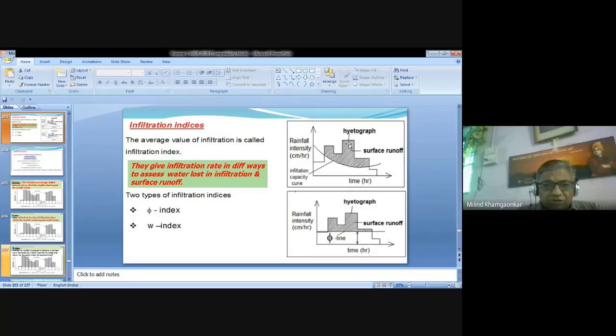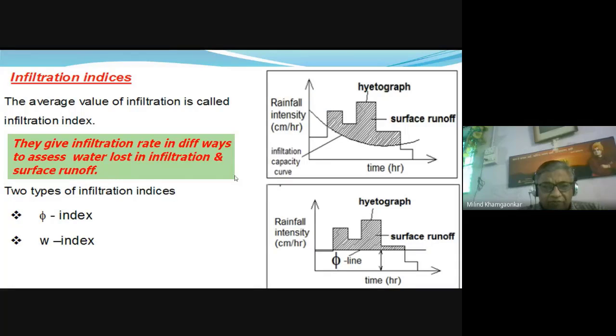So both these indices are used to find out the exact quantity of the runoff. Phi index gives, after deducting the value of the phi index or the rainfall intensity for a particular duration from the rainfall quantity, whatever remaining quantity we get, that is the surface runoff. But the W index is more precise than the phi index.